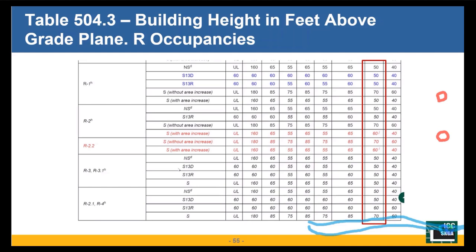If we sprinkler it, we don't get an increase in height for types 5B and 5A, but in type 13, using 13D, there is 60 feet, and there are footnotes that explain the non-sprinklered here. Footnote D, that we will see what that means shortly. But again, you have to make sure that you not only look at the occupancy and type of construction, but you look at the fire protection feature, which we talked about in an earlier slide.